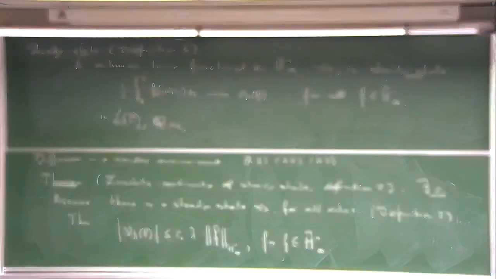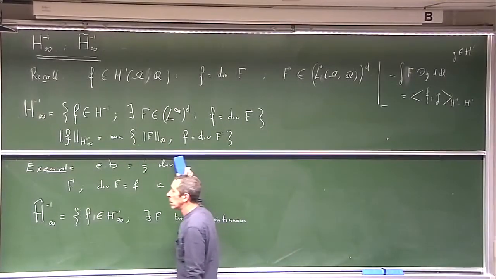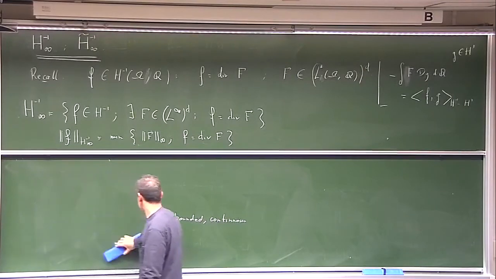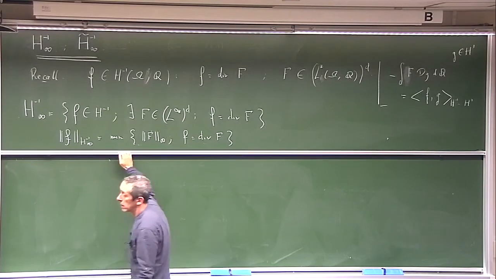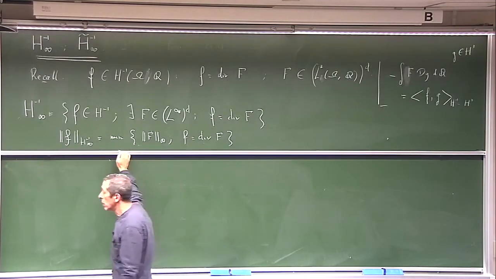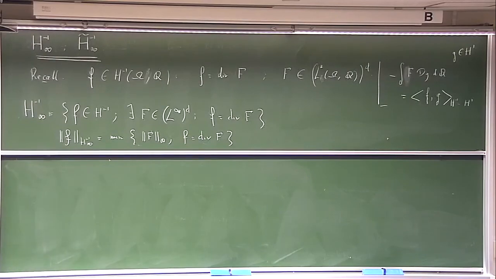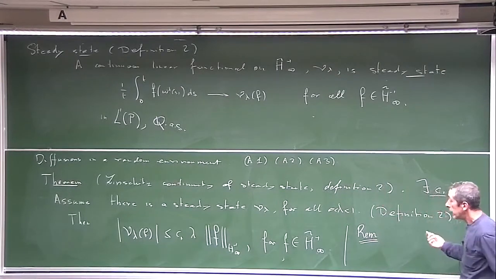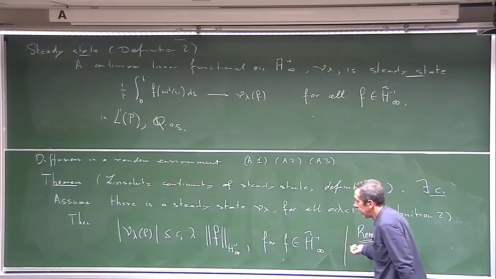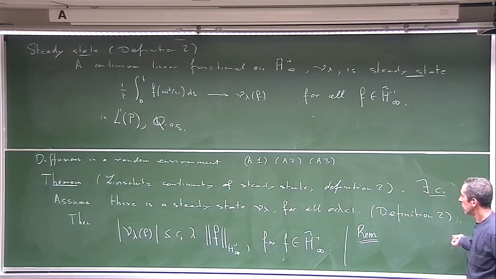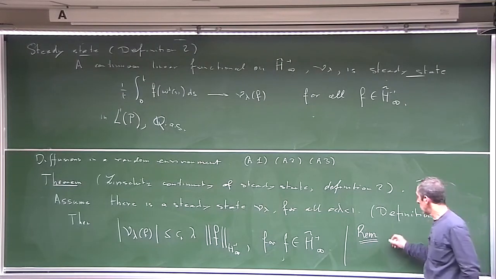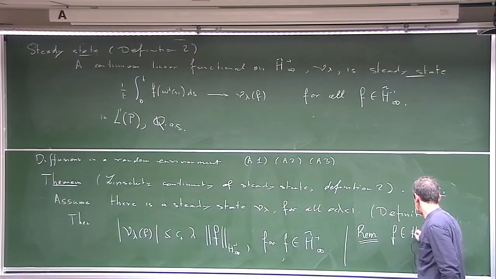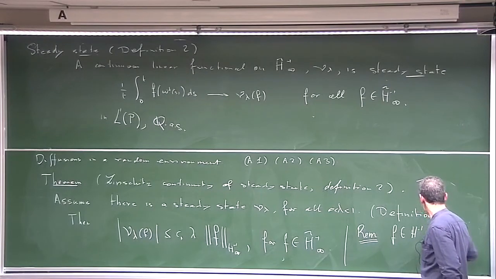But at least here we see that when λ goes to 0, the steady state ν_λ is approaching Q. Maybe I should emphasize the following remark: if you have an f which is in H^{-1}, it's automatically centered with respect to Q. So if f is in H^{-1}, then Q of f is 0.